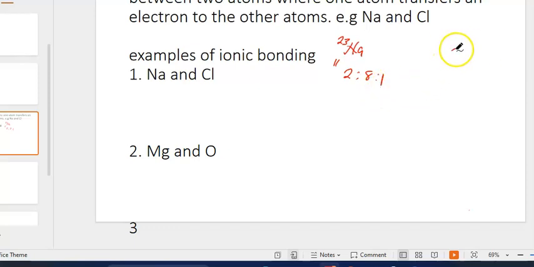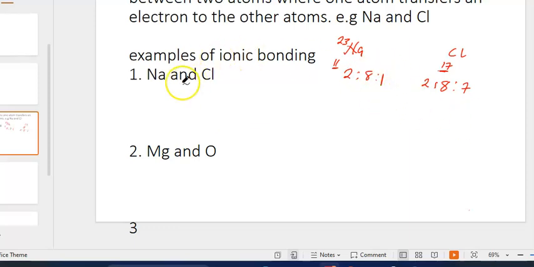Then for chlorine, the atomic number is 17. So we are interested in the atomic numbers, by the way, and not the mass numbers. The electronic configuration for chlorine will be 2, 8, 7. That is 10 plus 7, that is 17. So now look at this.